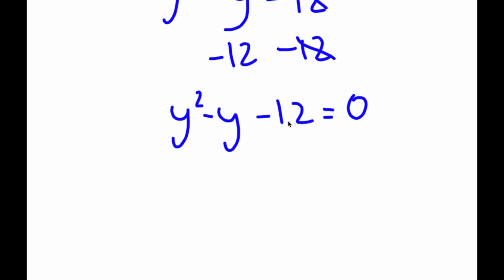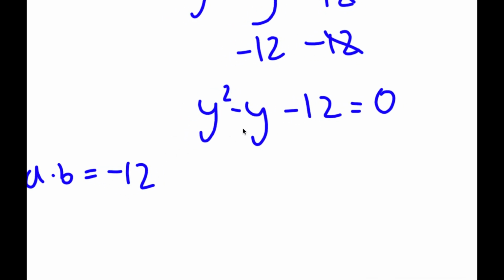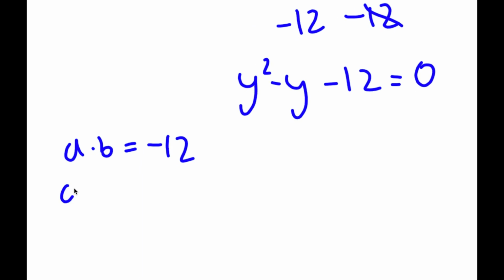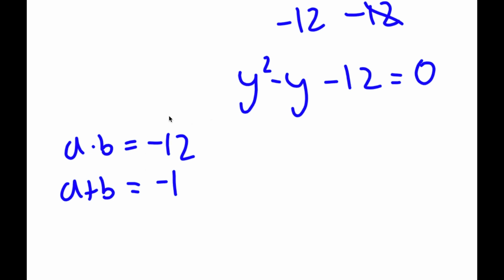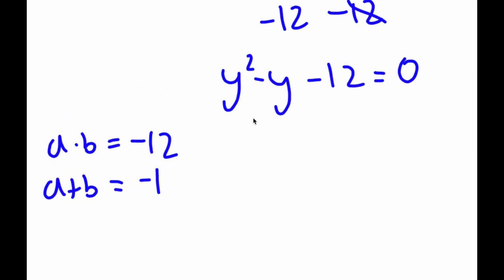So to factor this, we have to find out which two numbers multiply to get negative 12. So a times b is equal to negative 12, and they add to get negative 1. So a plus b is equal to negative 1. Well, negative 4 and 3 work out because negative 4 times 3 is negative 12, and negative 4 plus 3 is negative 1.